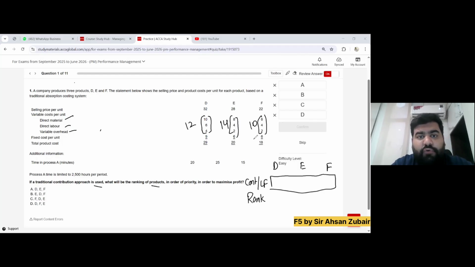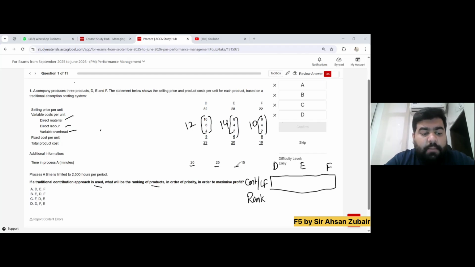So we have the contribution, but on the basis of contribution alone we can't do the ranking. We have to calculate contribution per limiting factor. Now the limiting factor times are given in minutes, so let us convert to hours by dividing by 60.